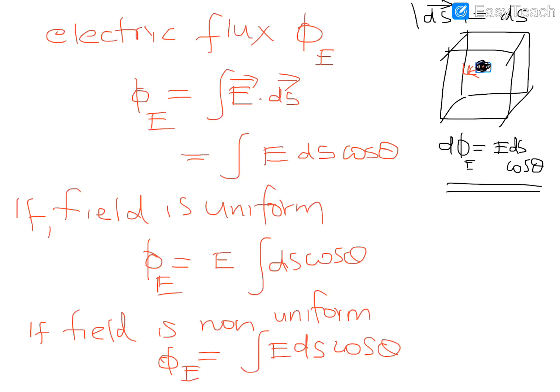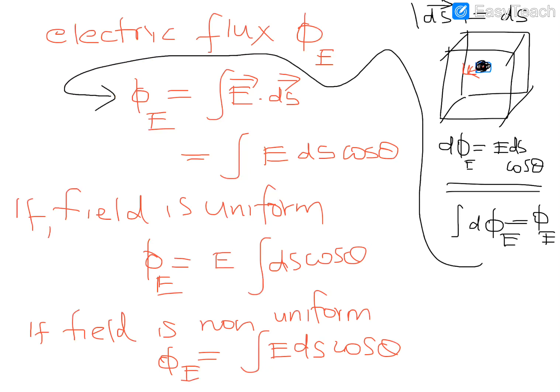Okay, so like that you can find it for all the small regions. Then if you integrate all such d phi, you will get phi E. That is what we did in this expression: phi E is nothing but integral d phi E. Integral d phi E means E ds cos theta.